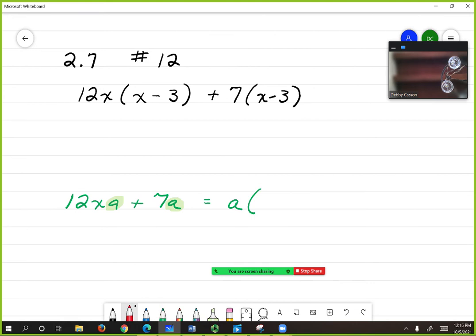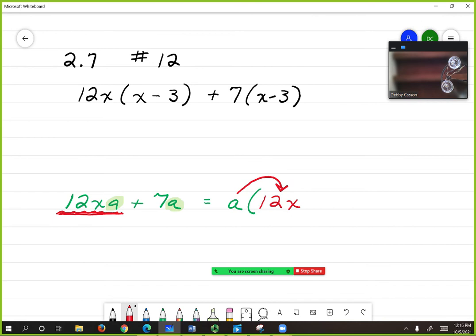For this particular part, I ask myself, a times what is equal to this over here? And the answer is 12x. Do you see how a times 12x would give you 12xa? This is multiplication.